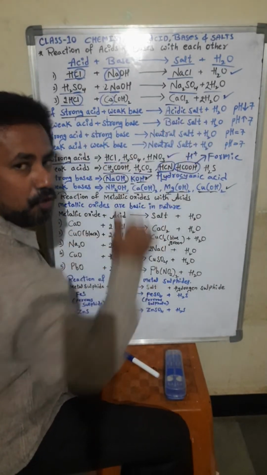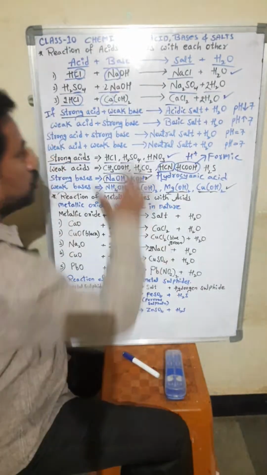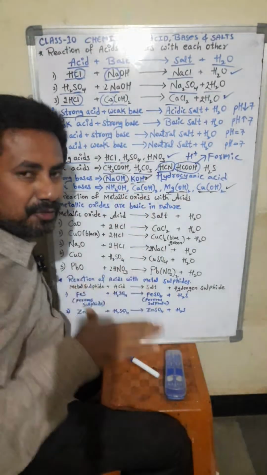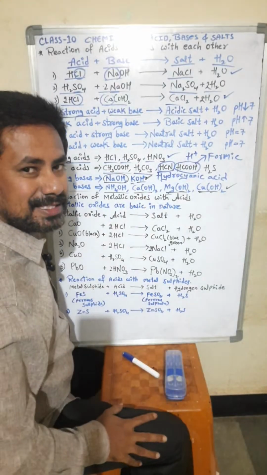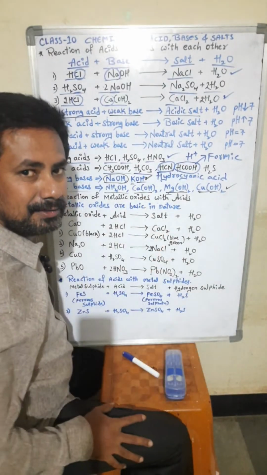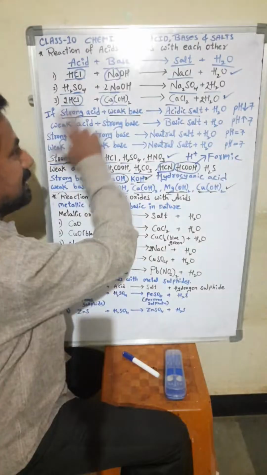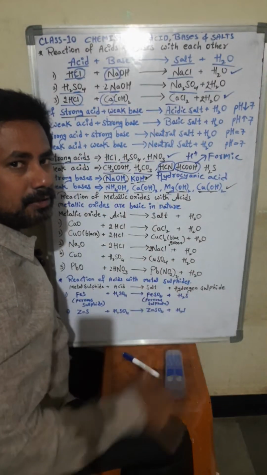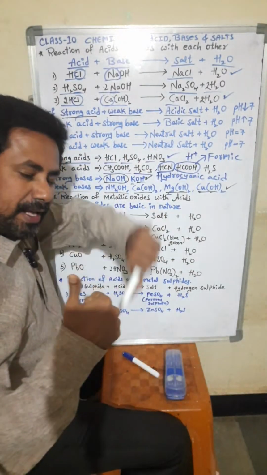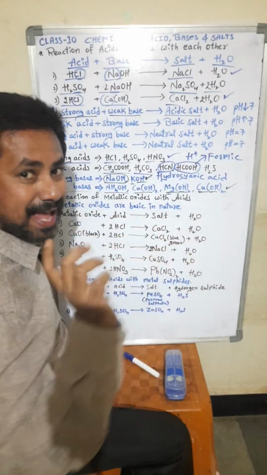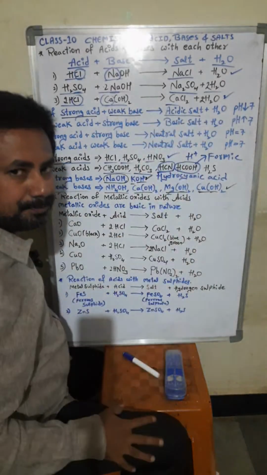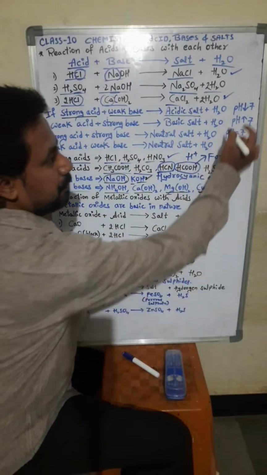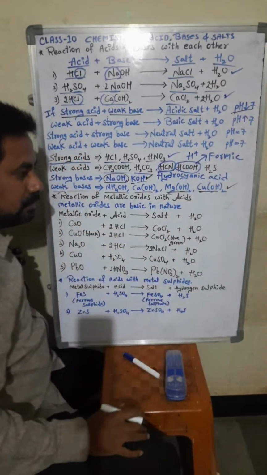The base is weak now, it is suppressed. The acid content will show in the salt. Strong acid, weak base, salt is acidic salt plus water. pH is below 7, students.